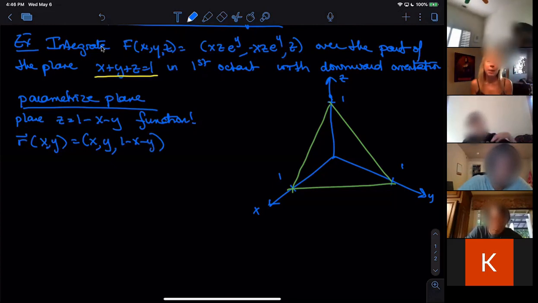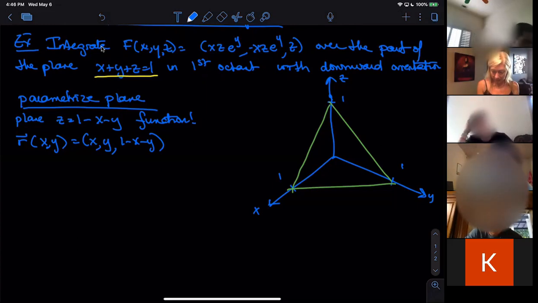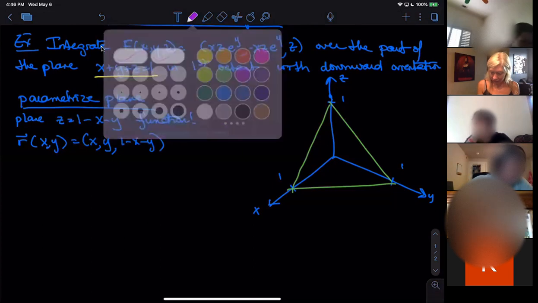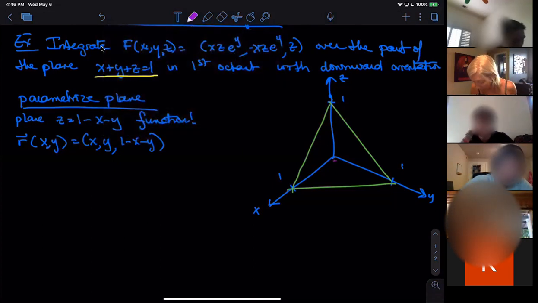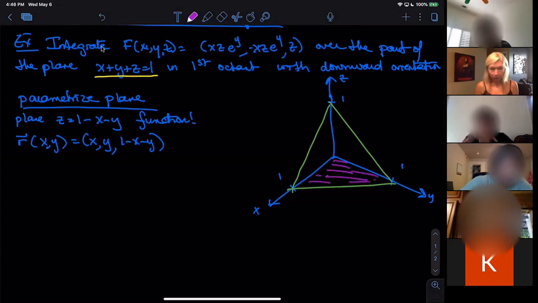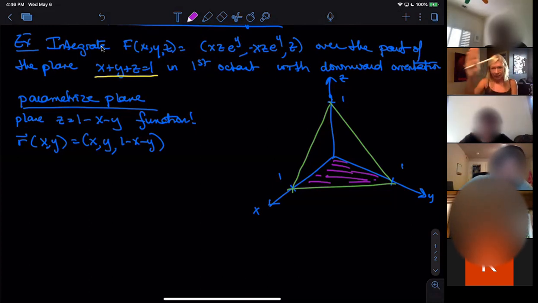Now for setting up the bounds, let's think about what x and y values give us points on this plane. The x and y values that do that are the x and y values down here on the floor. Does that make sense? For every x and y value there, when I plug that in to get a z value, I get 1 point on that little triangular patch of plane.